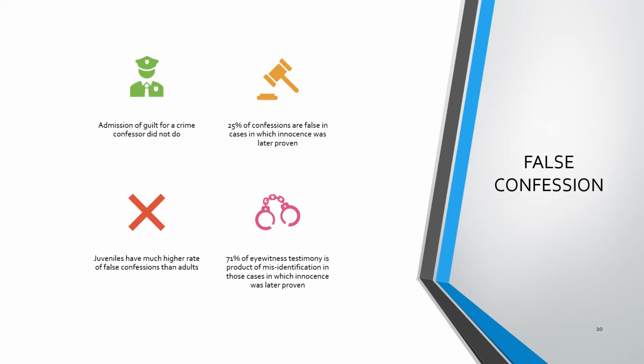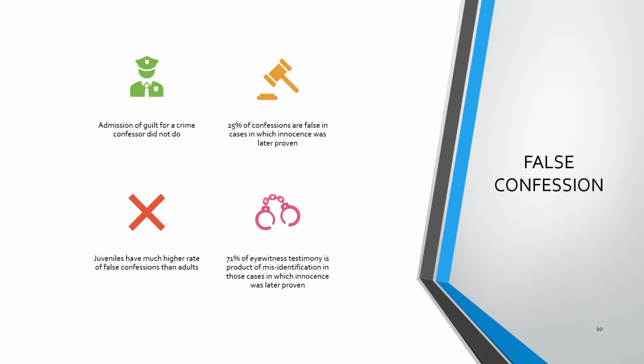Further, if the suspect indicates her or his wishes for a lawyer during interrogation, again, questioning must cease until counsel appears. As we learned in Unit 2, police have developed countermeasures to circumvent Miranda, resulting, in part, in suspects falsely confessing to crimes that they did not commit. Research has demonstrated that perhaps at least 25% of confessions are false in those cases in which innocence was later proven. The research also indicates that juveniles, that is, those under 18 years of age, have a much higher rate of false confessions than do adults.